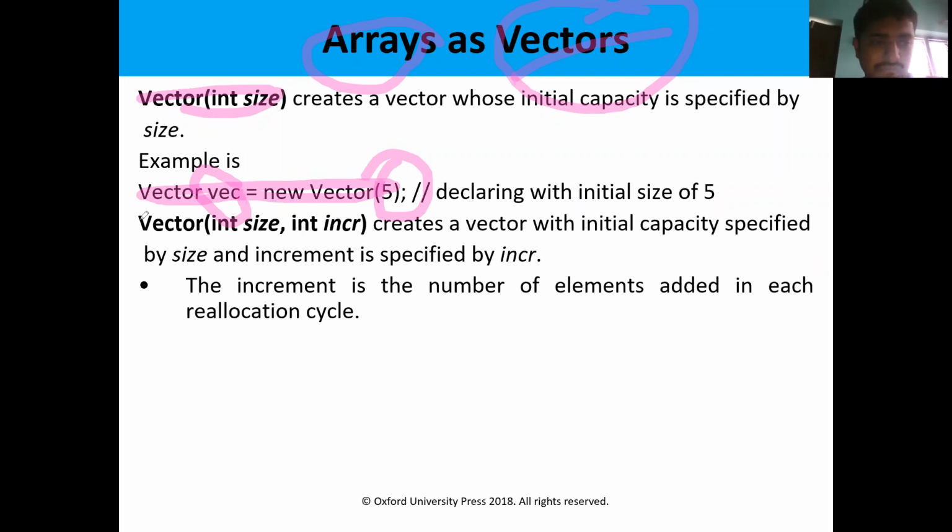Then we have another method, vector into size comma int incr. Let us take an example. Vector into 5 comma into 2.